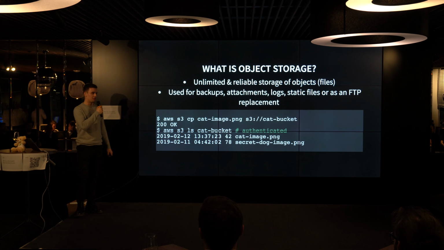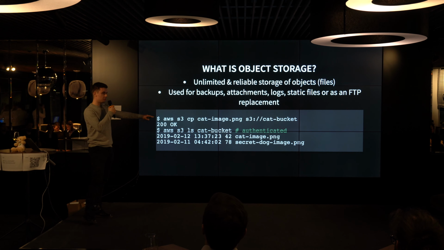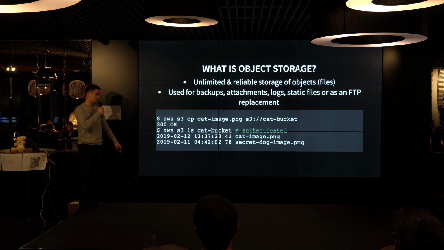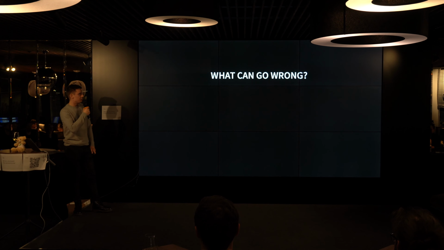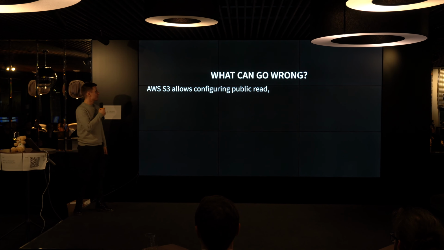It looks like this from the console, so you can upload some fancy GIF images to the S3 bucket, and then you can list the bucket contents, to list all the images which are there. And here you can see that there is also some secret dog image, which you probably wouldn't like to leak to any third party. So what can go wrong? How can we leak the dog?